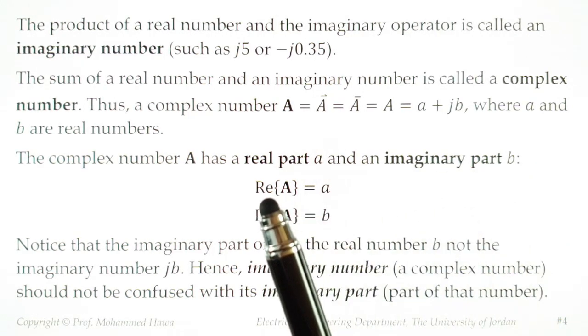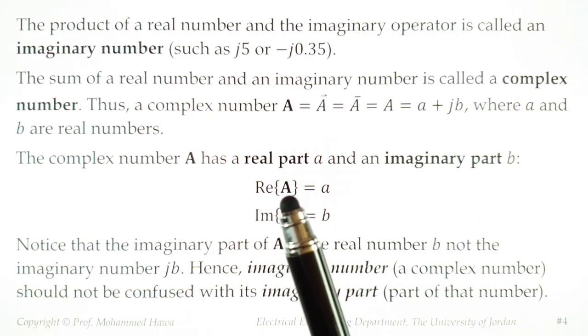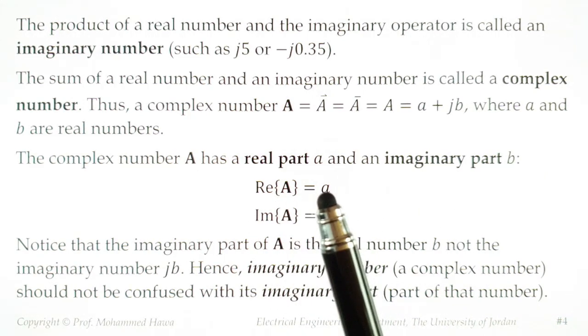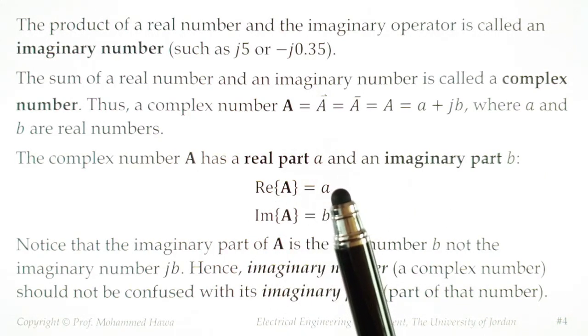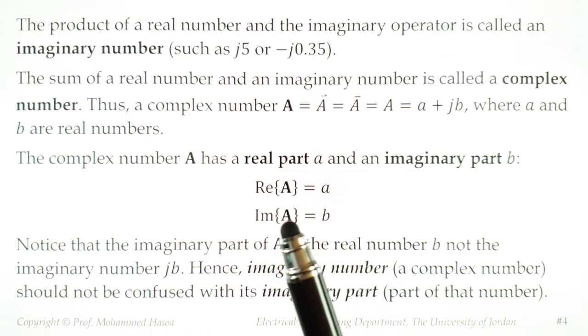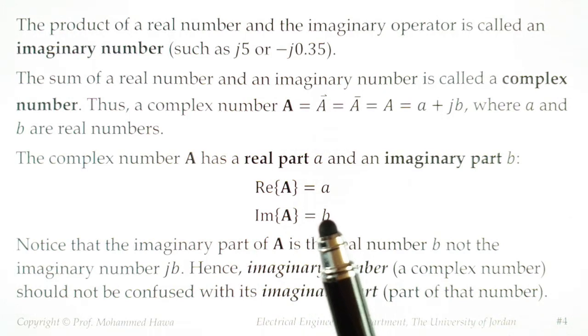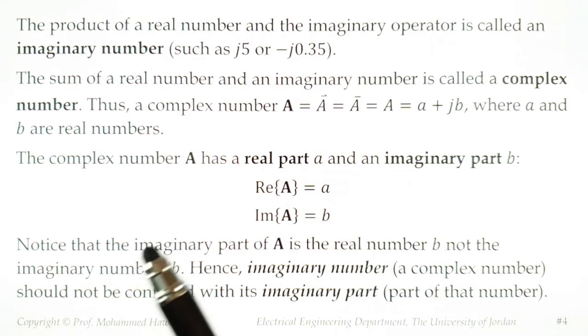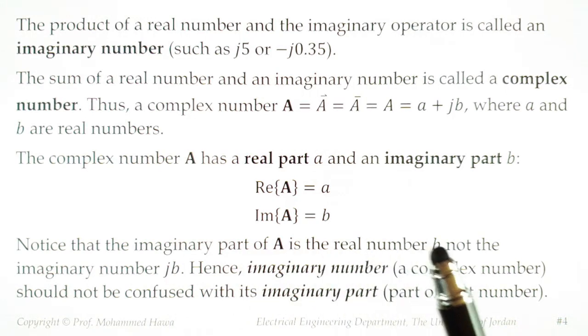The notation goes like this. We say the real part of the complex number, capital A, is equal to this real number, small letter a. On the other hand, the imaginary part of the complex number, capital A, is equal to the real number b. I hope you're not confused by this terminology. Imaginary part is different than imaginary number. The imaginary part of A is the real number b.